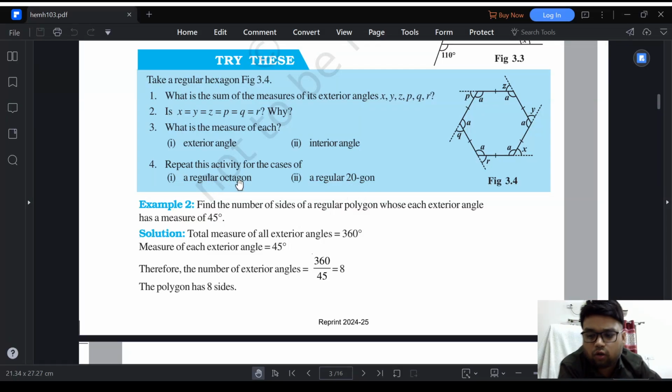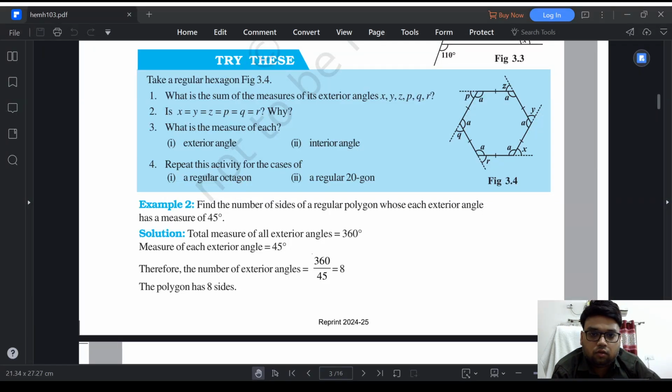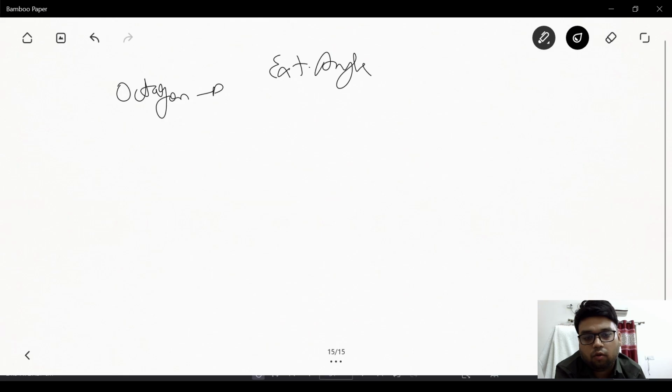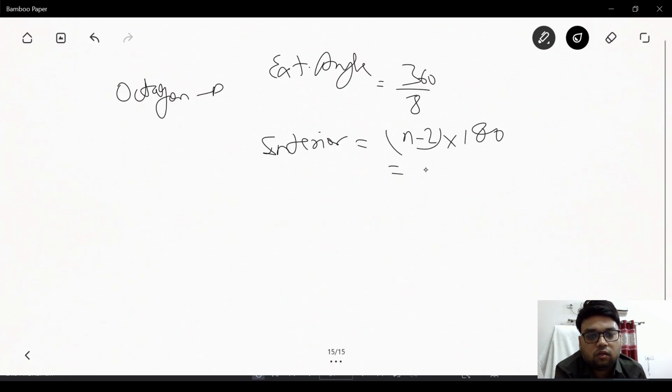In the case of a regular octagon, what do we have to do? Look here, for a regular octagon, for the exterior angle, what will be the value? 360 by 8. This is the value of each exterior angle. For the interior angle, what do we have to do? (n minus 2) into 180 degrees. It simply means n is equal to 8, so (8 minus 2) into 180 degrees.